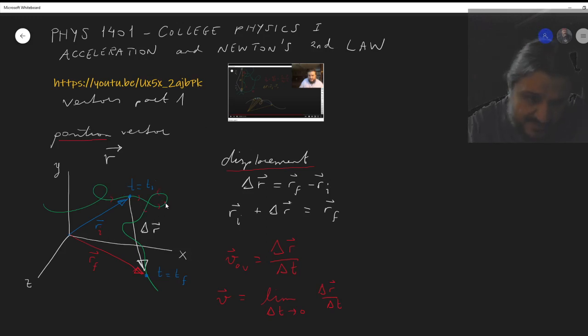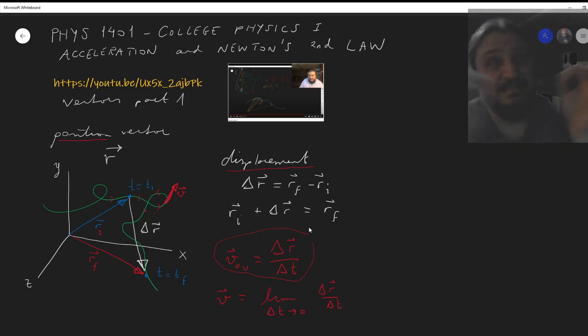But right at this instant here, it will have a velocity vector which will point in the direction of a tangent to the curve, like this. Okay, so this will be the instantaneous velocity. But the average velocity is just in the direction of delta r due to this relationship here.